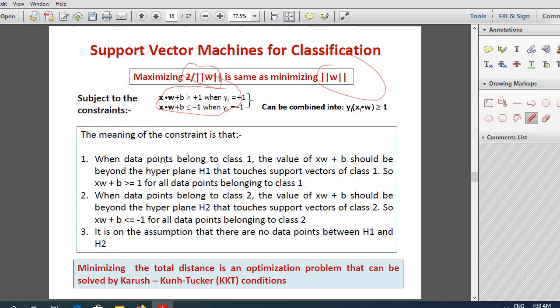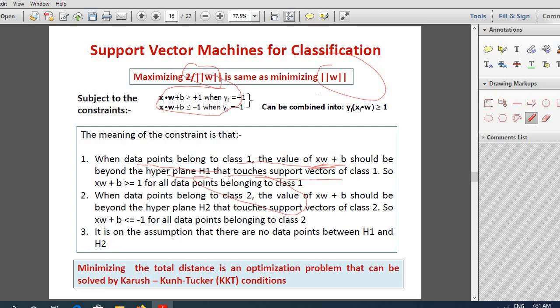So the meaning of that is that if the data belongs to class 1, the value of Wx plus b should be beyond the hyperplane H1 that touches the support vector of class 1. So for all the data points belonging to class 1, the linear function should take a value equal to or greater than 1.